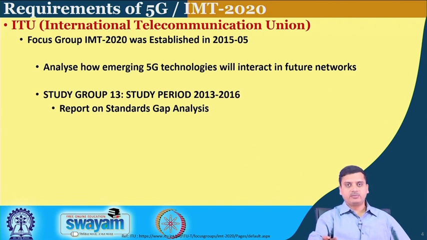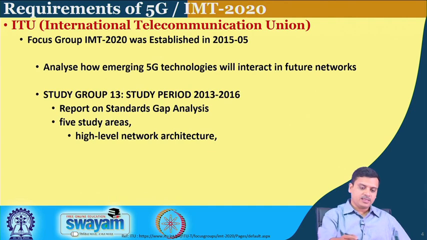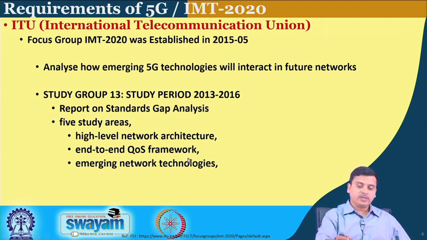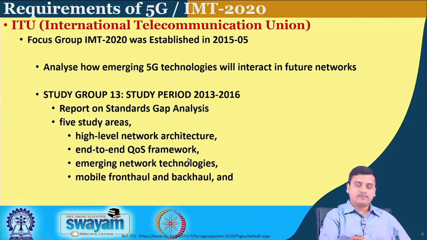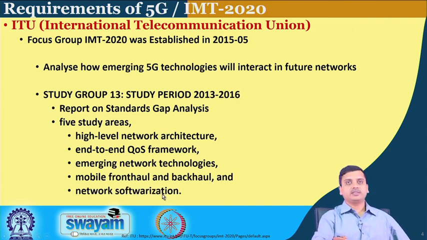That means there is a certain amount of requirement, and there is a certain thing that the standard provides, so how much extra needs to be done. It provided results in 5 areas of study: high level networking architecture, end-to-end QoS framework, emerging network technologies, mobile front haul and backhaul, as well as network softwareization.